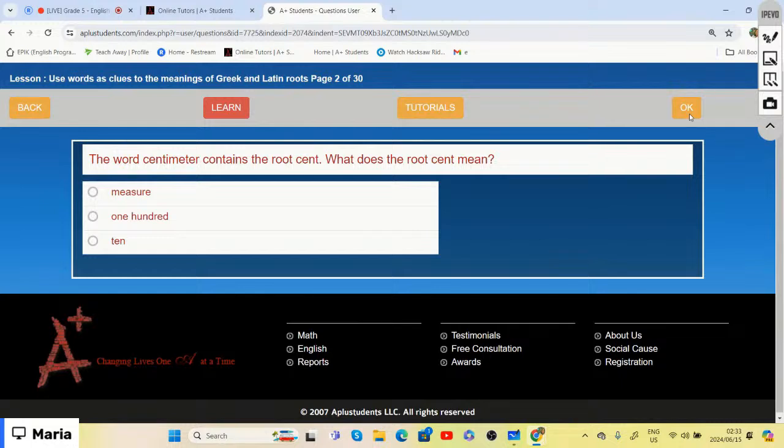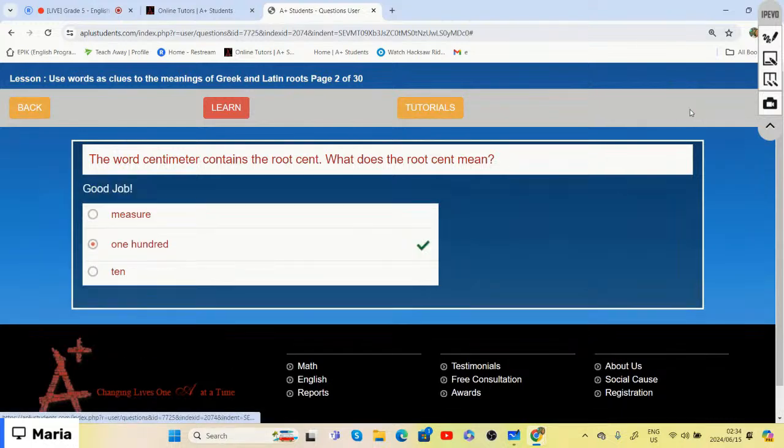All right, and if we were to find the meaning of the word cent, then we can say it is 100.